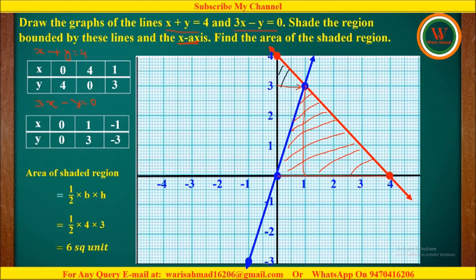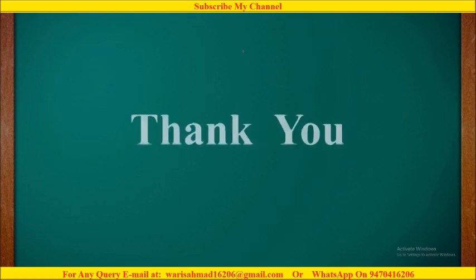So this will be the area bounded by these lines and the y axis. So according to the question, we can easily shade the area and we can find out the area of the triangle. So this is the complete solution of this question. Thank you for watching this video.